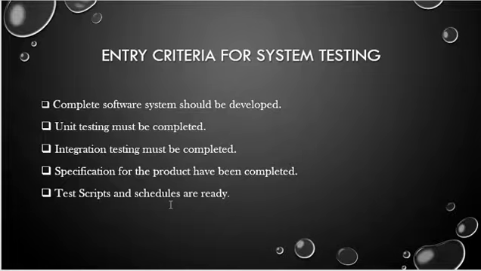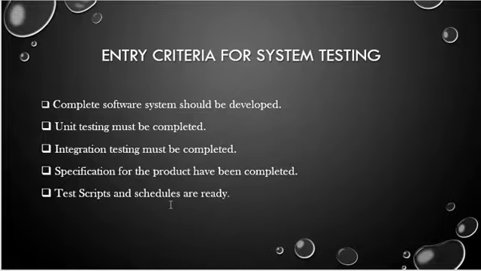When I combine these two, I call it an integration. But when I test this A and B as a whole, I say I have made an entry criteria for system testing.